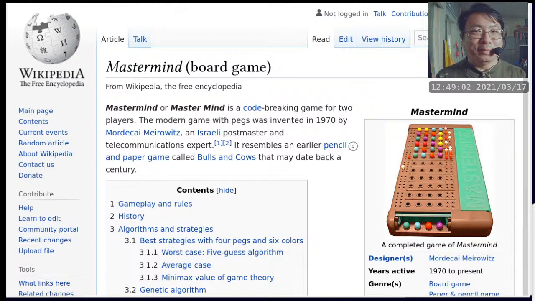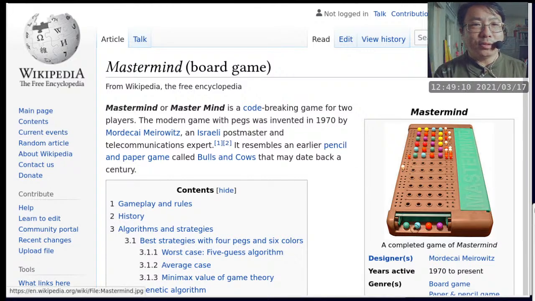So anyway, with the Mastermind game, the way it is played is a person is going to come up with a combination, not combination, I take it back, a permutation of colors. I think there are 6 colors that people can choose from. It depends on the variant of the game, but I think the standard game has 6 colors.